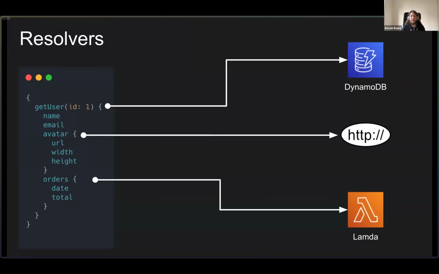That improved the developer experience a lot, in my opinion, which is great. Of course, you can still create resolvers in Lambda. So if you want more complex business logic, or you want to write your resolvers in a different language like Rust or Python, then you can do that as well.